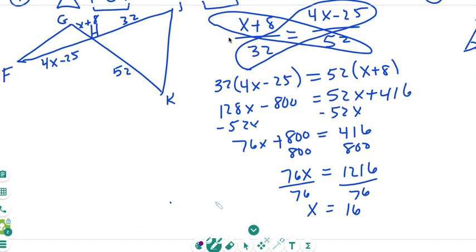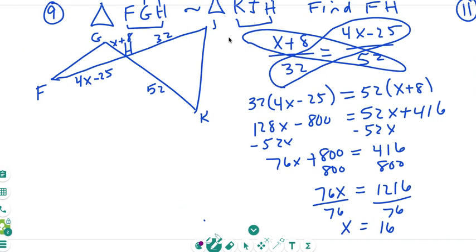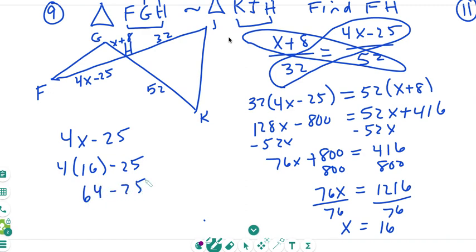So I'm going to go back now, and FH is 4x minus 25. So 4 times 16 minus 25, and we have 4 times 16, which is 64, minus 25, is going to give us FH, is equal to line segment FH is equal to 39.